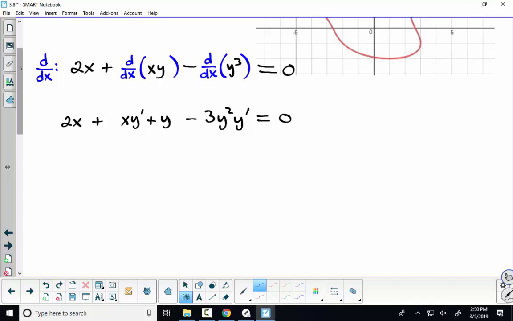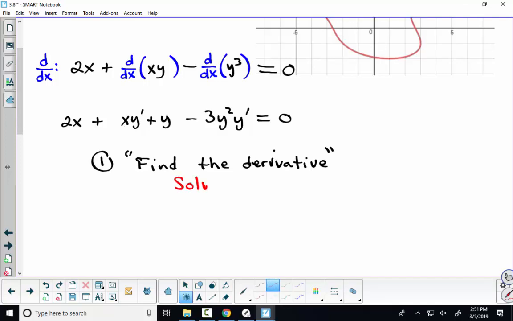The direction you go depends on the instructions of the problem. The instructions could just say find the derivative, in which case, solve for y prime.